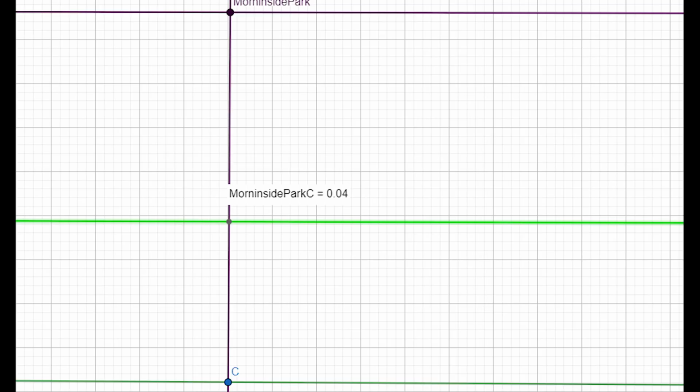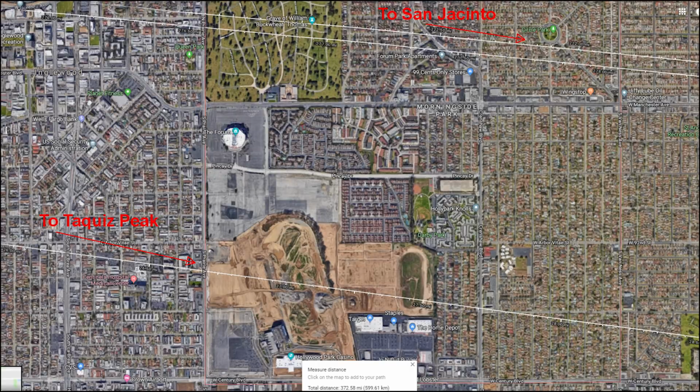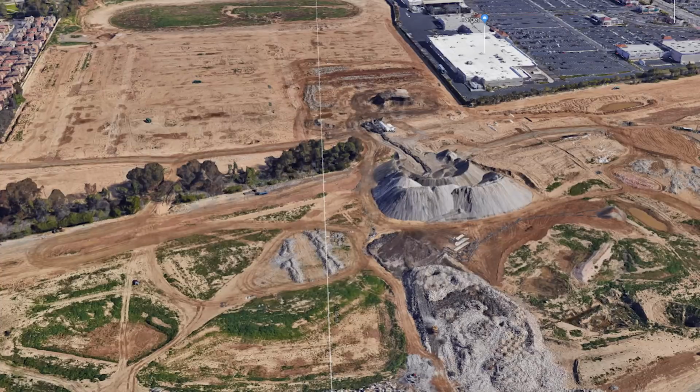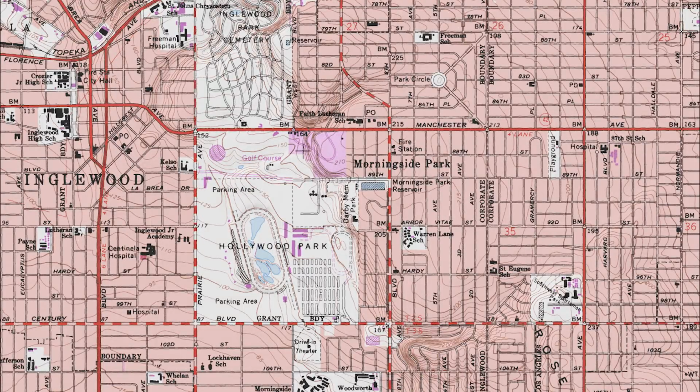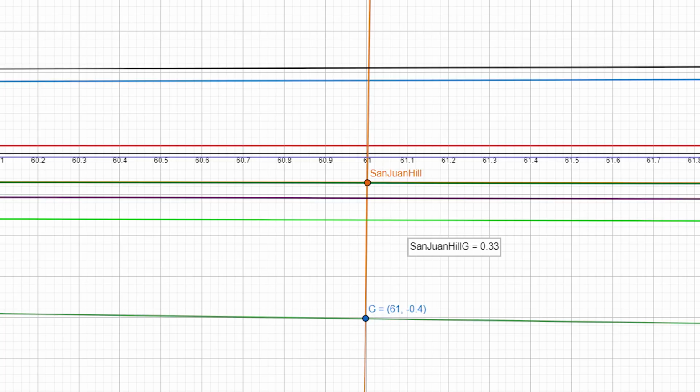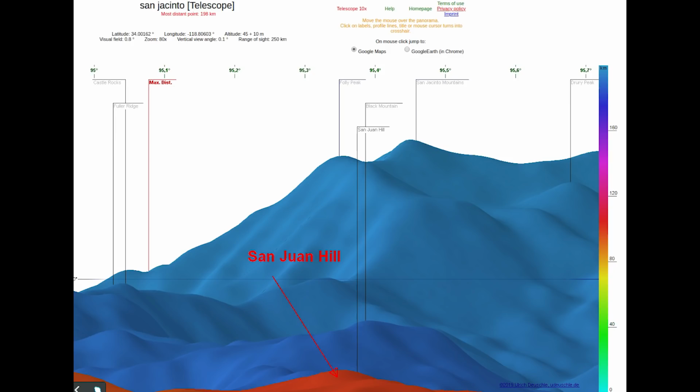Distance 27 miles. Elevation above MSL 210 feet equals 0.04 miles. San Juan Hill. Distance 61 miles. Elevation above MSL 1,782 feet equals 0.33 miles.